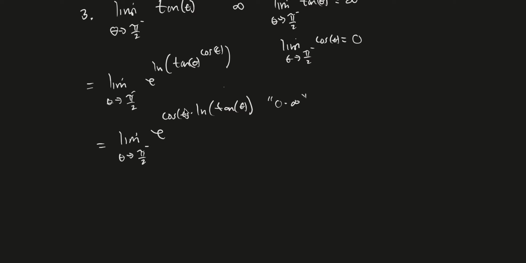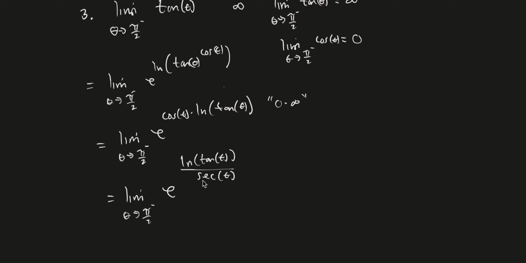Well, the reciprocal of cosine is secant. So algebraically, these things are equivalent. So I'll have the e to the natural log of the tangent of theta over the secant of theta.